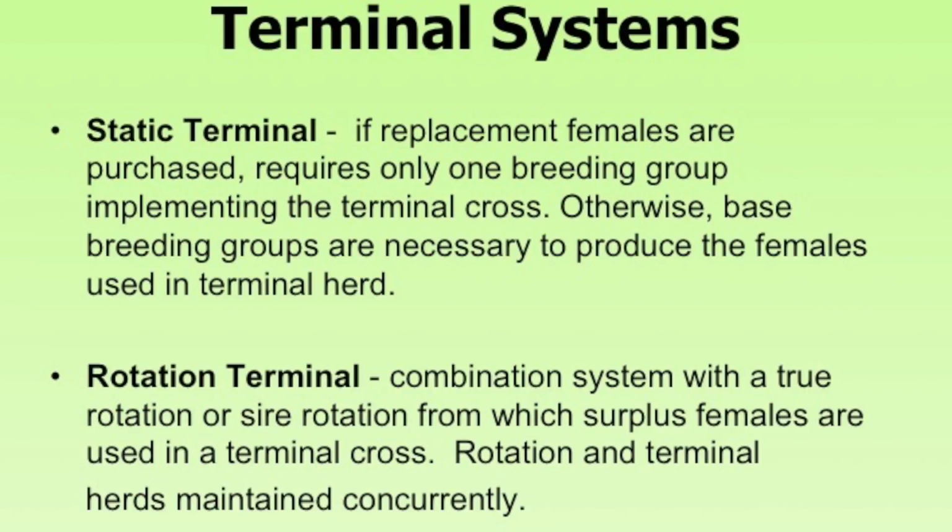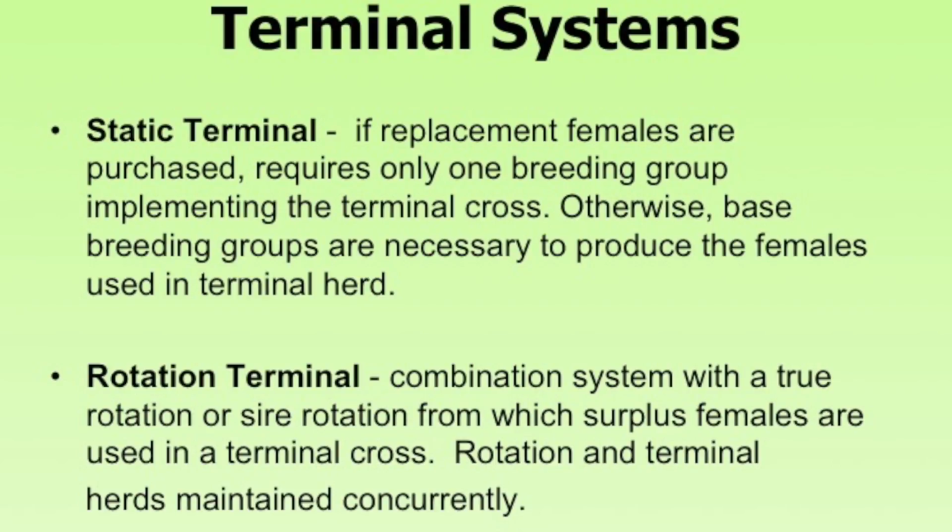We talked about the static one, where the replacement females are purchased, which requires only one breeding group to implement the terminal cross. Otherwise, you've got to have two different herds: your maternal herd that's producing the replacements, but then also your terminal herd. A rotational terminal type system is a combination system with a true rotation or sire rotation, from which the surplus females are used in a terminal cross.